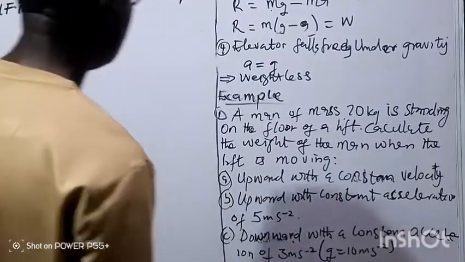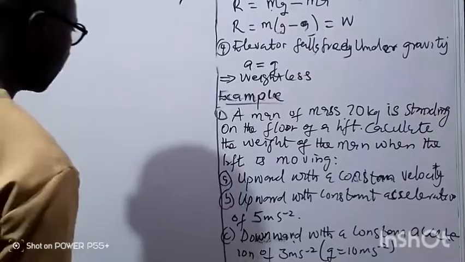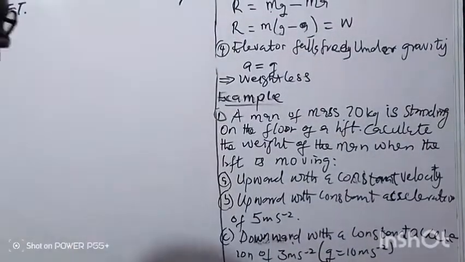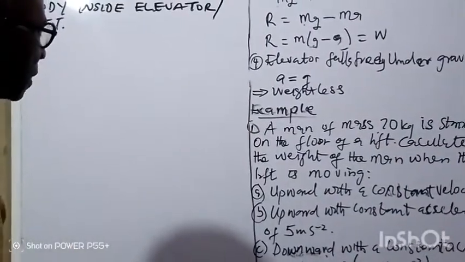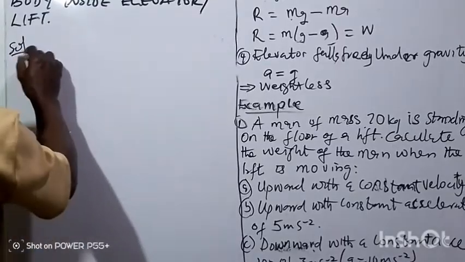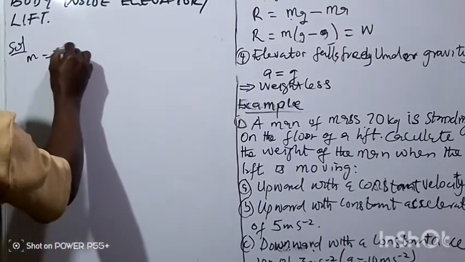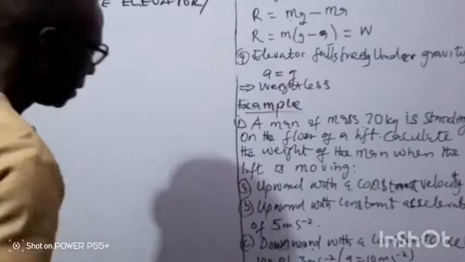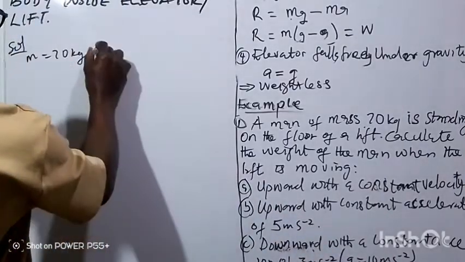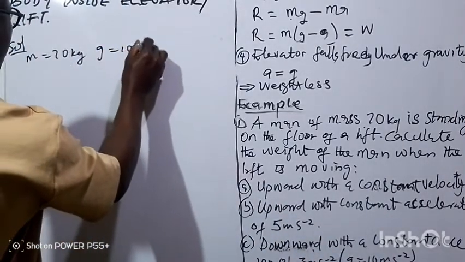Now, from question A, the mass of the man is 70 kg. Under the question, G is given as 10 meters per second square.